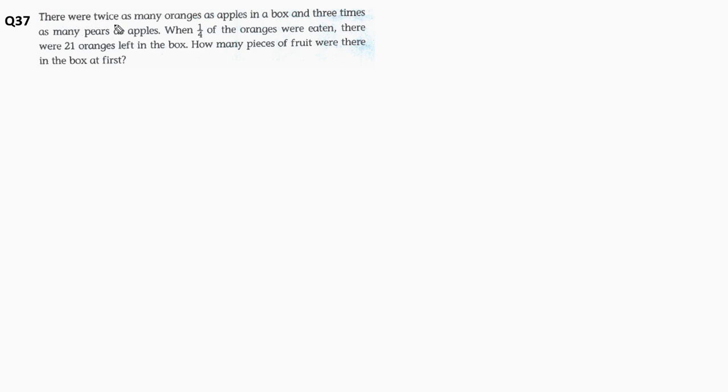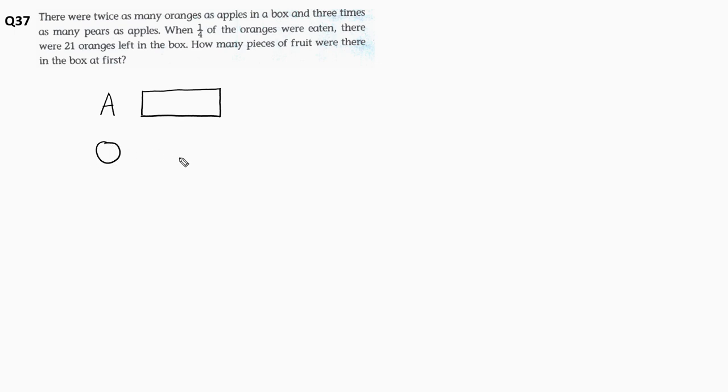There were twice as many oranges as apples in a box. So I'm going to start with the apples. That's sort of like my basic unit. And I'm going to draw this random sized bar. This represents the number of apples. And we're told that there were twice as many oranges as apples.